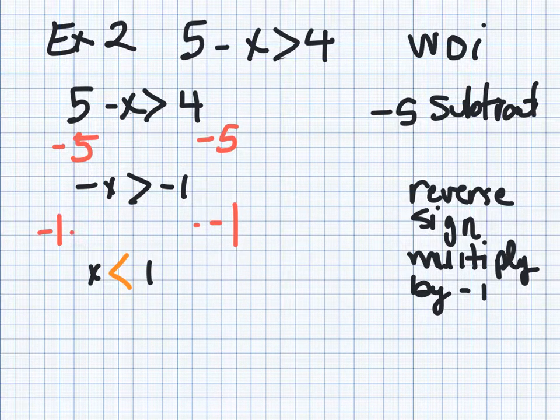So we're going to multiply by negative 1 and reverse our sign. So we multiply by negative 1. And then we reverse the sign, which is what I did here, and so we end up with x is less than 1. So the solution would be all real numbers less than 1.